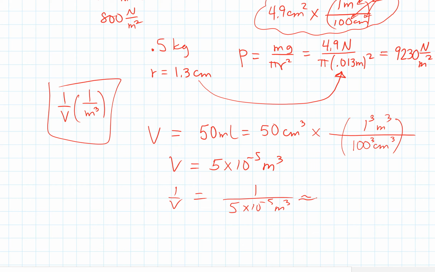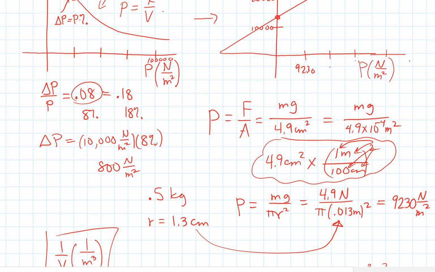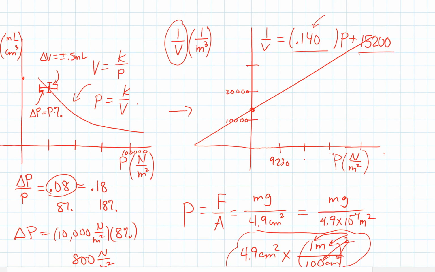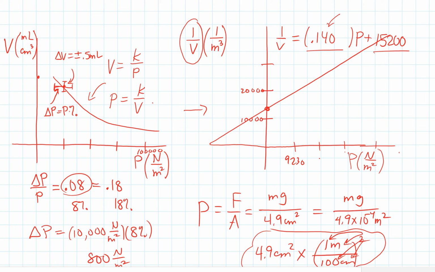And that's where I get my extremely large numbers from, because that's 20,000 1 over meters cubed. Okay, so once you've done that and checked and made sure that your graph is correct, then let's move on and talk about what everything means.